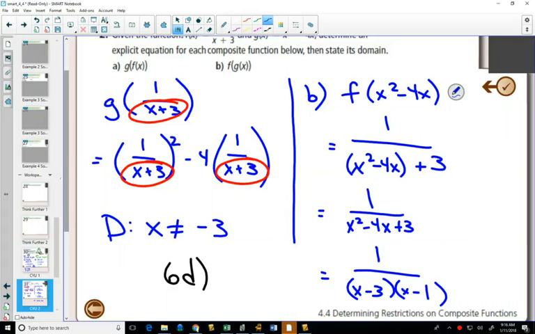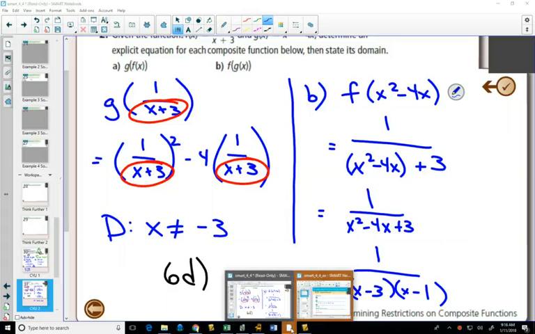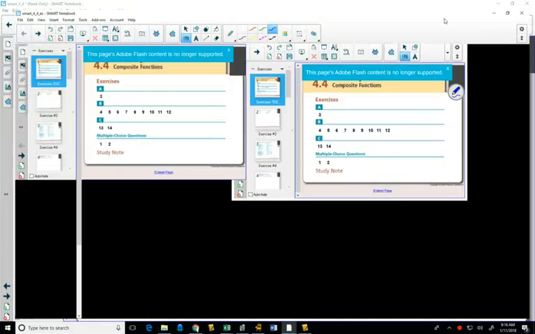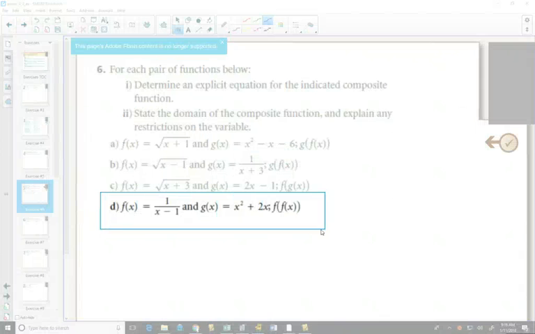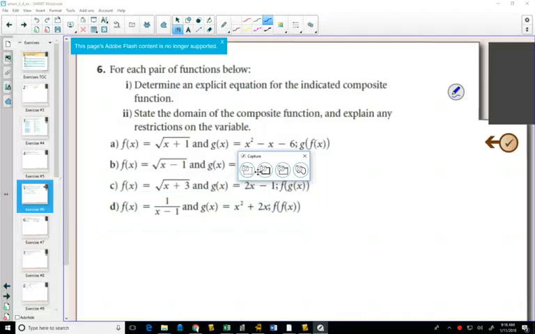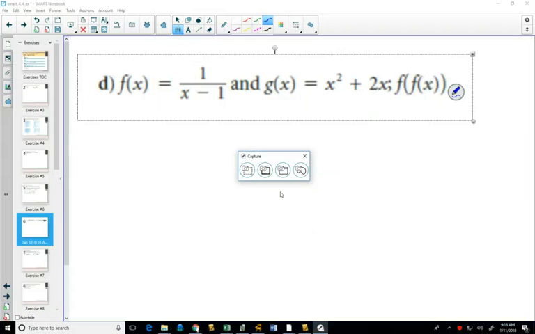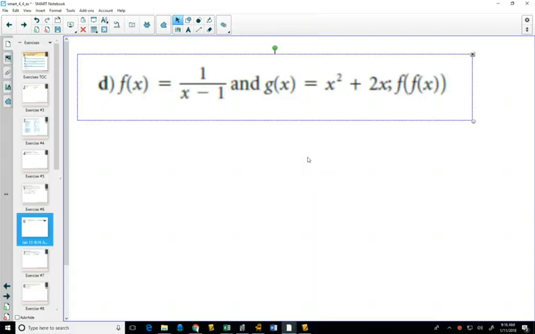So if you turn to 6D right now, f of x is 1 over x minus 1, and g of x is x squared plus 2x, but you don't need that because you just have to find f of f of x. What I want you to do is find that explicit equation and simplify it.